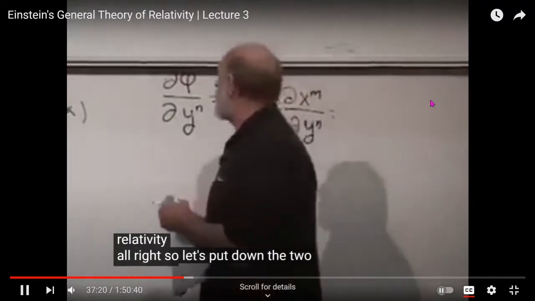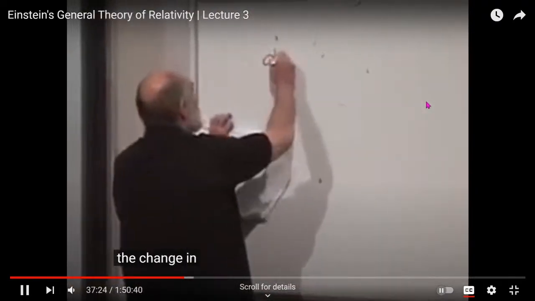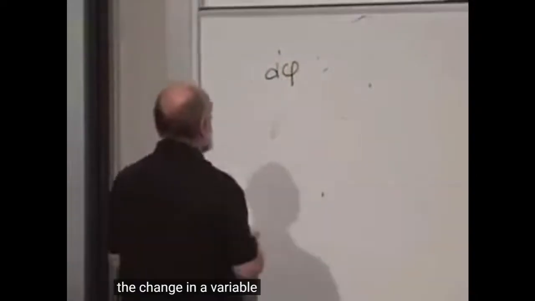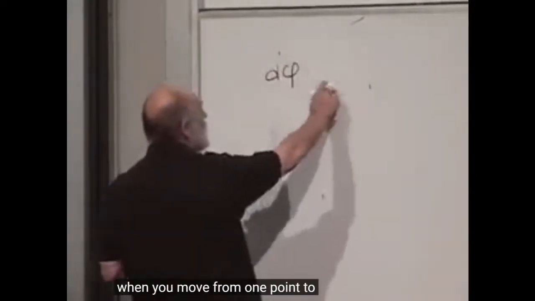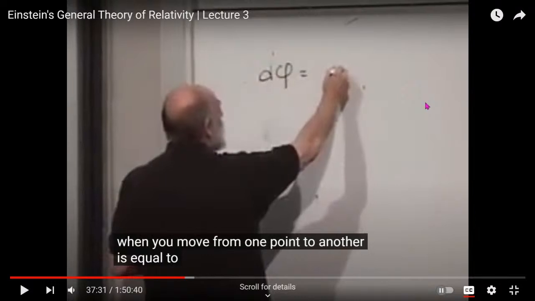Put down the two important facts. The change in a variable when you move from one point to another is equal to the partial derivative of phi with respect to xn times the total dxn.